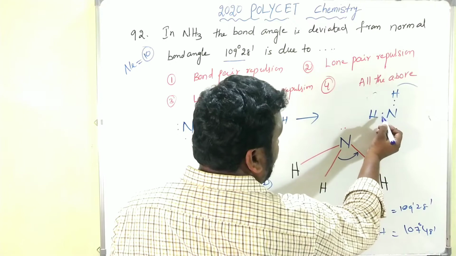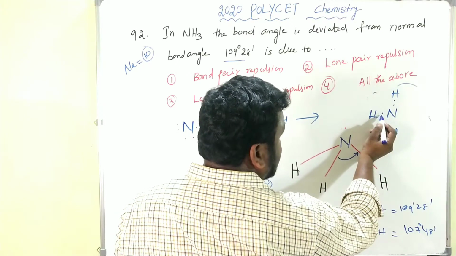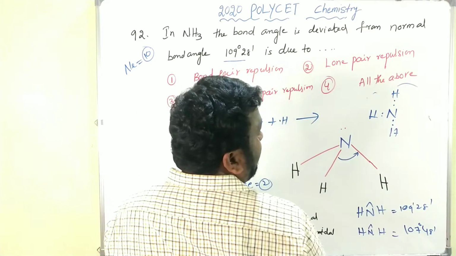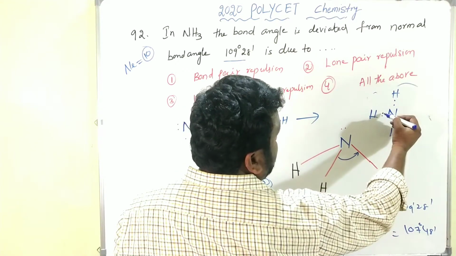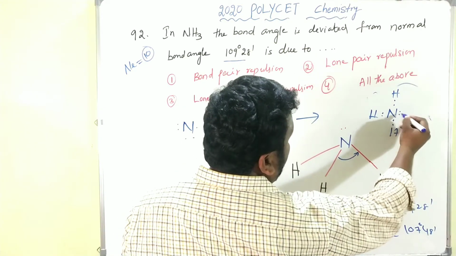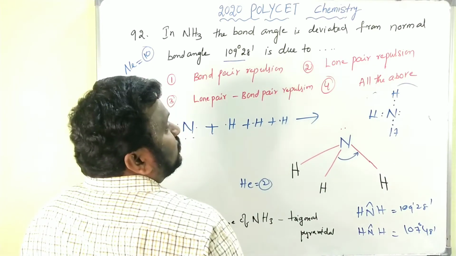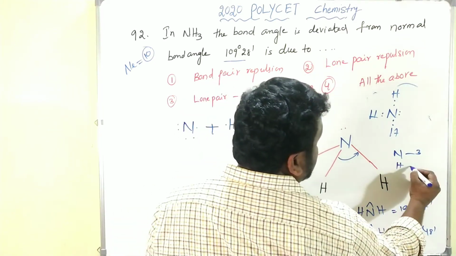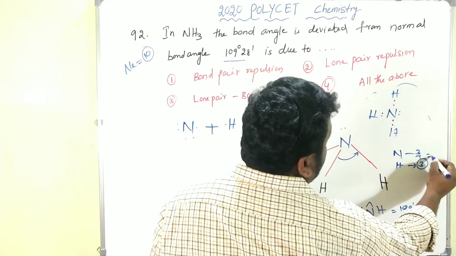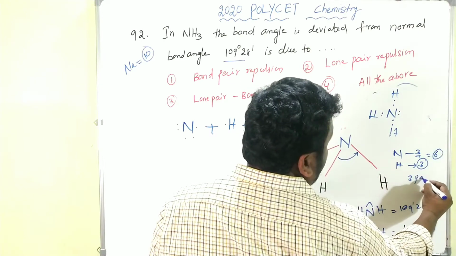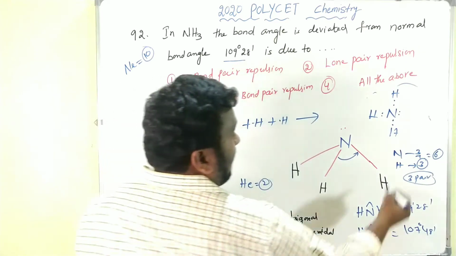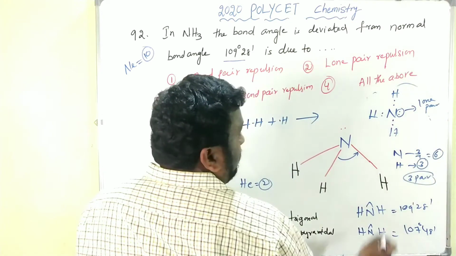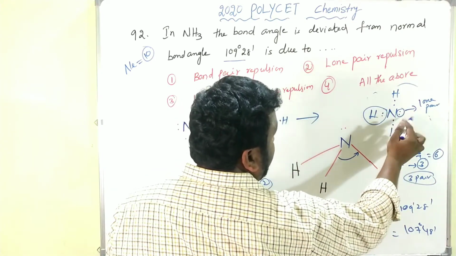Similarly here, nitrogen gives 1 and hydrogen gives 1, and the same here. So 3 pairs are already there. Nitrogen has 5 valence electrons, so it gives 3 electrons and the hydrogens give 3 electrons. 3 plus 3 is 6, so 3 pairs are formed, and 1 more pair remains, which is the lone pair.